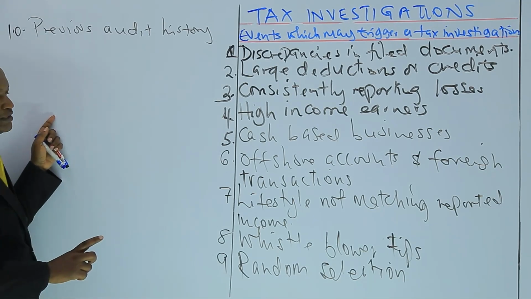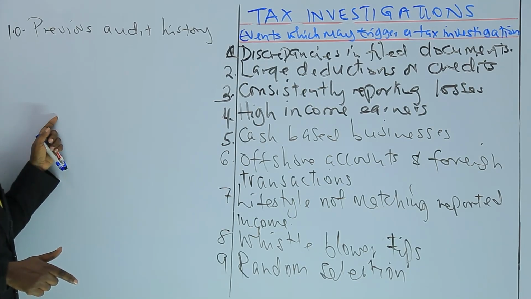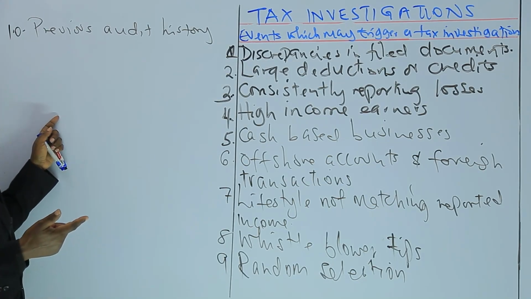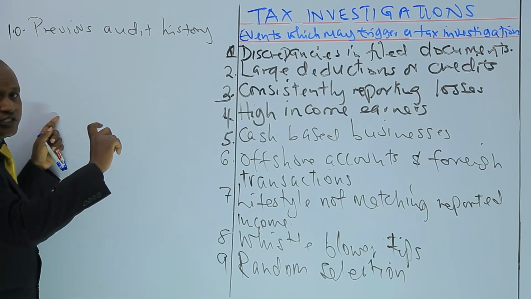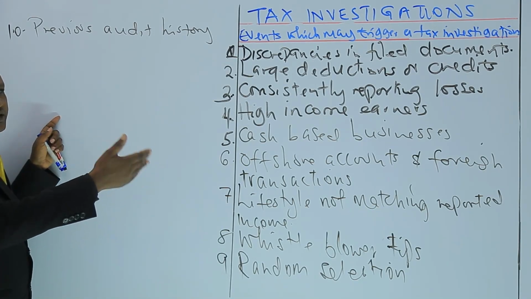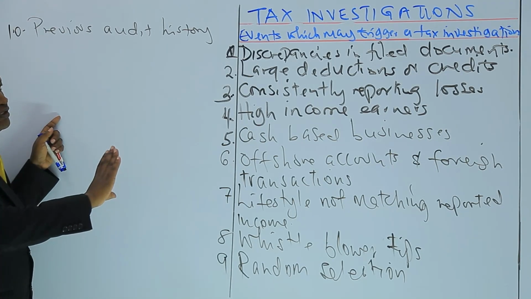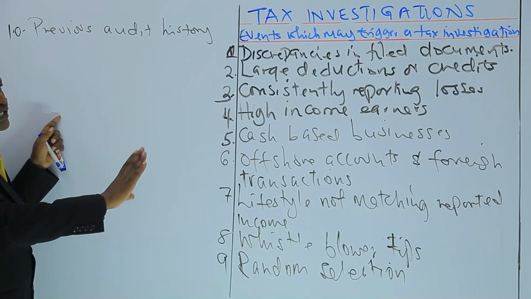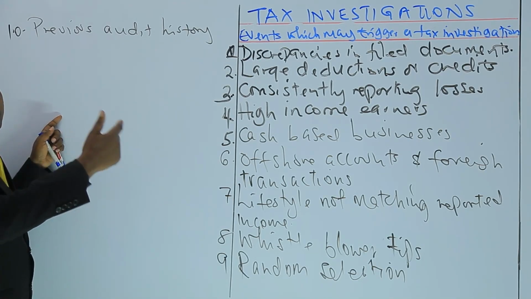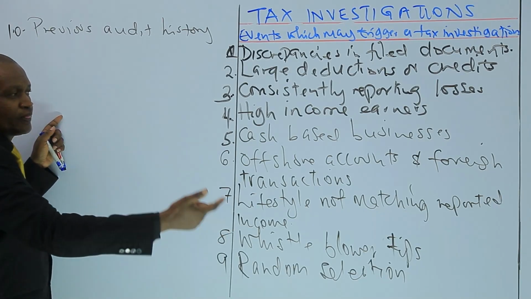If taxpayer A is discovered to have been engaged in tax fraud, then because of that history of, say, evading tax or under-reporting income, that can be an event which may trigger a subsequent tax investigation of such a taxpayer.